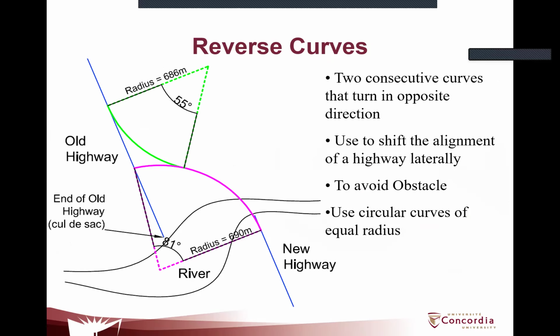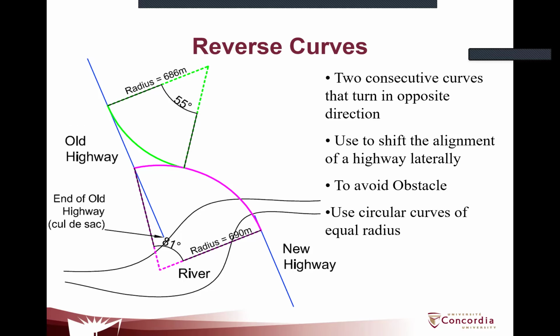A reverse curve is composed of two consecutive curves that turn in opposite directions, like the green and pink curves here, that are used to shift the alignment of a highway laterally. So if you see the blue lines, the top left blue line is your old highway, and the bottom right blue line, straight line, tangent, is your new highway.